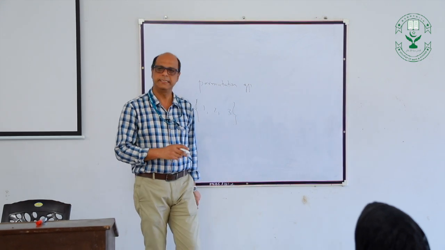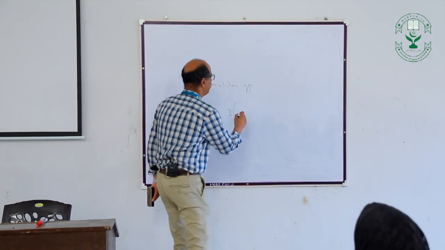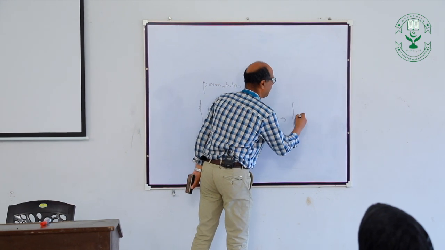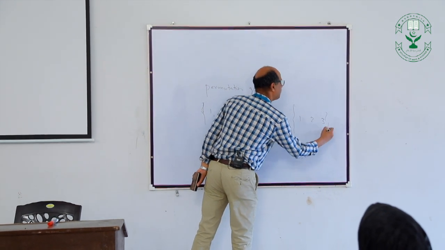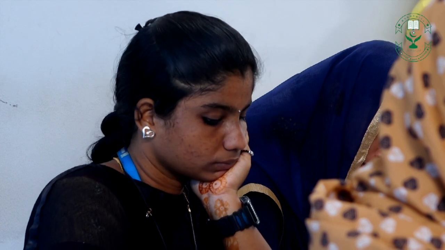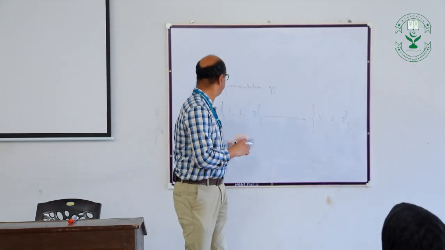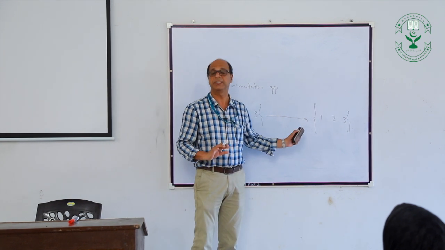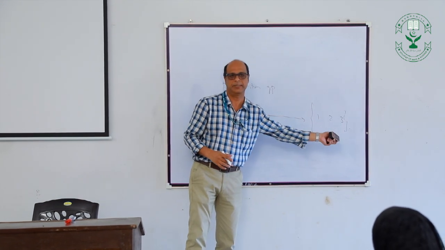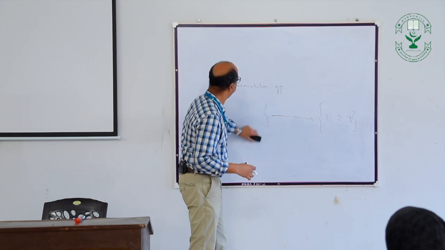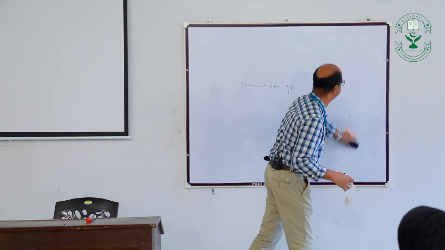Then the function is defined from this set to again 1, 2, 3. Actually the function is from the set of positive natural numbers to another set of positive numbers, but normally we are not going to write it in this way. Normally we are going to define a permutation like this.